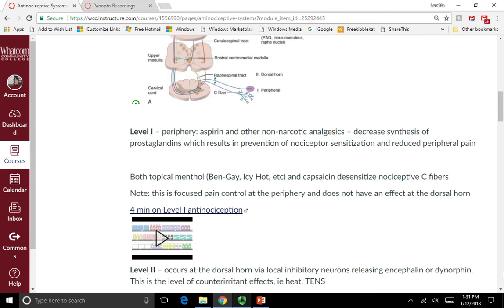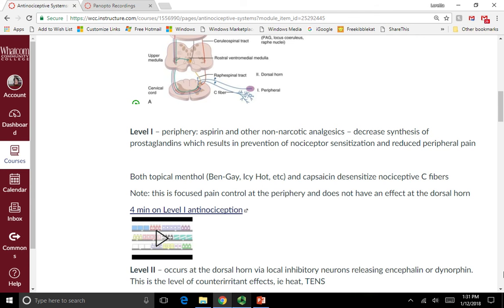So any topical method like the NSAIDs and aspirin, non-narcotics, and those topical menthols and capsaicin help desensitize nociceptive C fibers. The NSAIDs do it by decreasing the synthesis of prostaglandin, which are neuromodulators, and they prevent nociceptor sensitization.